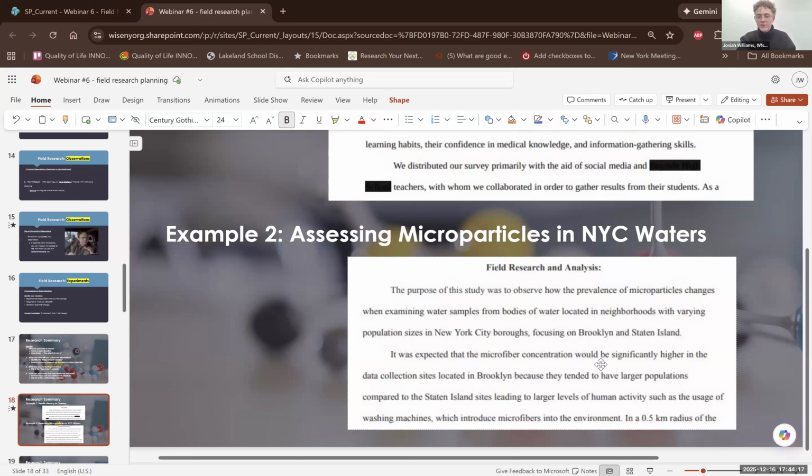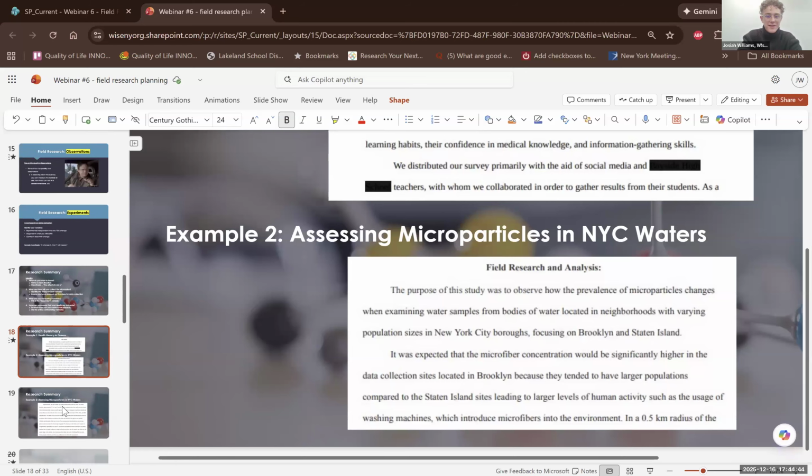It was expected that the microfiber concentration would be significantly higher in Brooklyn because they have a higher population. So now they're giving us the hypothesis. They said, here's why we're doing this, and here's what we think will happen, right? And this is another great way to set up your research study, starting with the hypothesis: boom, here's what we think, here's what we did.